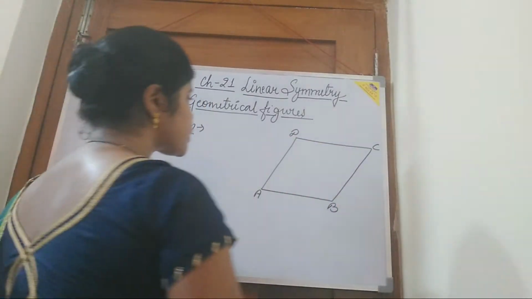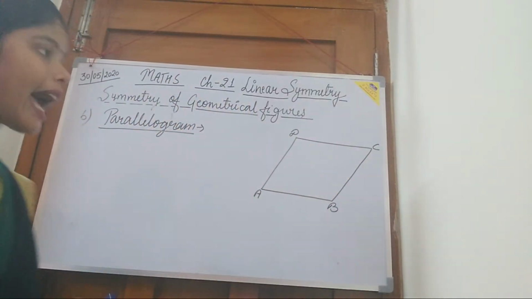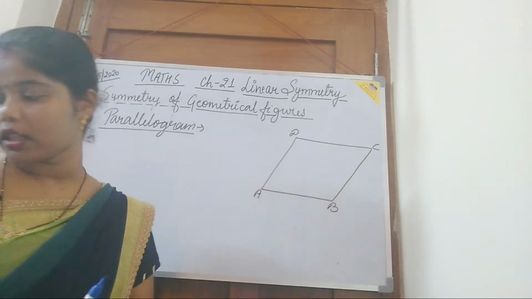So when we draw a line of symmetry over any of its sides, we don't get identical parts which overlap with each other.